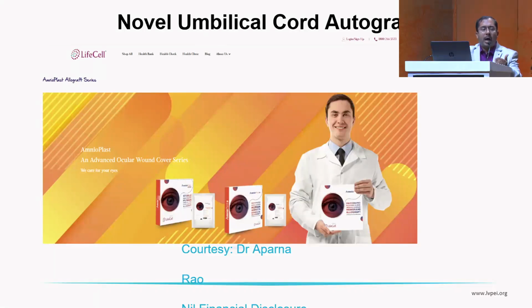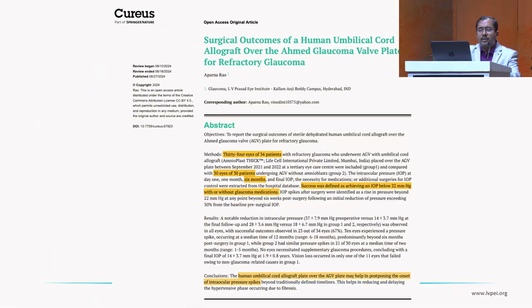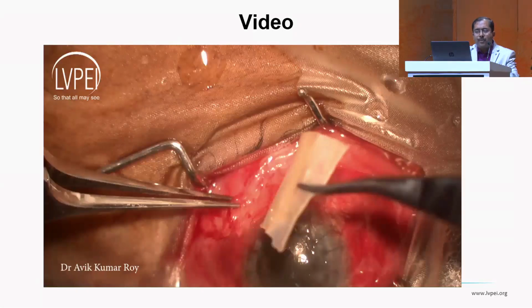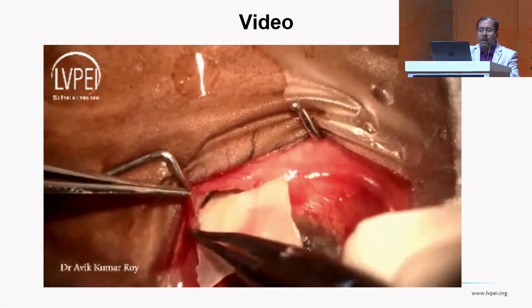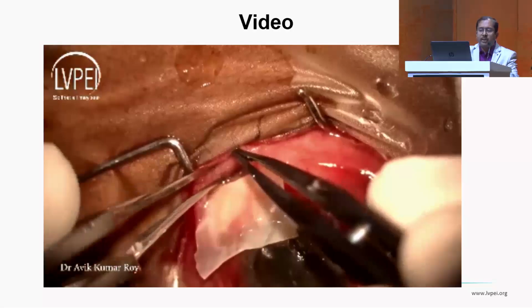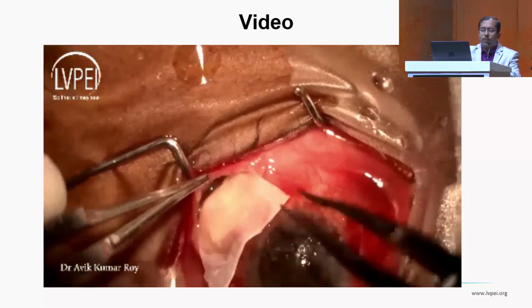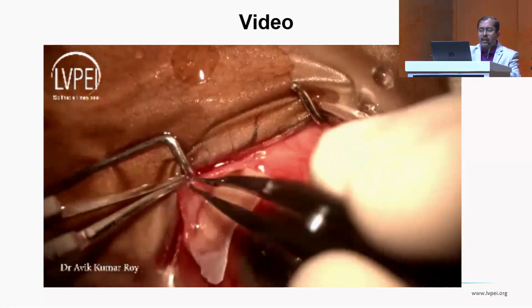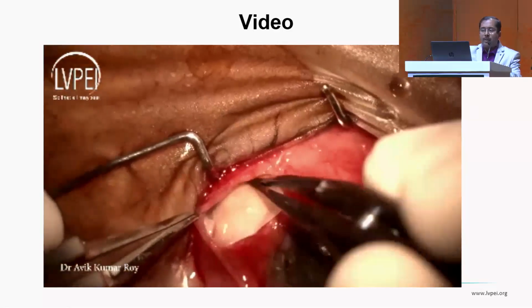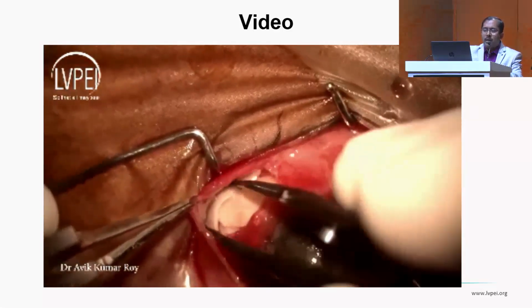Coming to our discussion today, the novel umbilical cord allograft. Initial studies were done by Dr. Aparna Rao, who showed good initial outcomes in 34 eyes with 6 months follow-up, with good success rates in reducing the hypertensive phase. It's a very simple procedure. The umbilical cord allograft is fashioned into a small piece around 3 to 4 mm in dimension and slid over the valve area beyond the scleral patch graft.